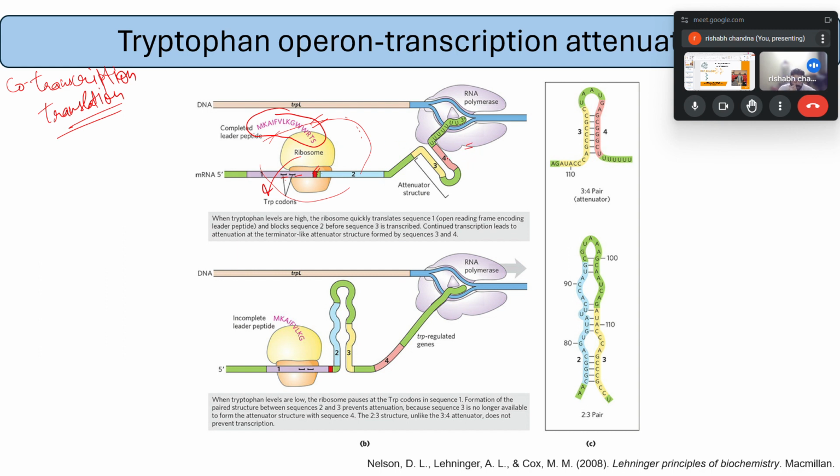But what will happen now when the tryptophan concentration is high and this leader peptide is formed? As you know, there are four structures present here.